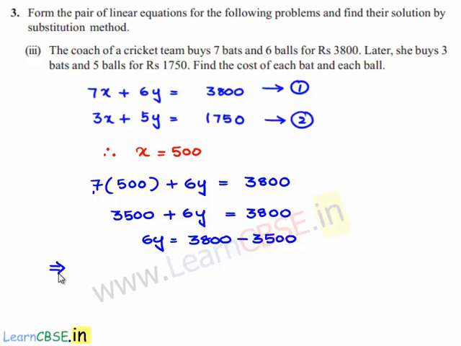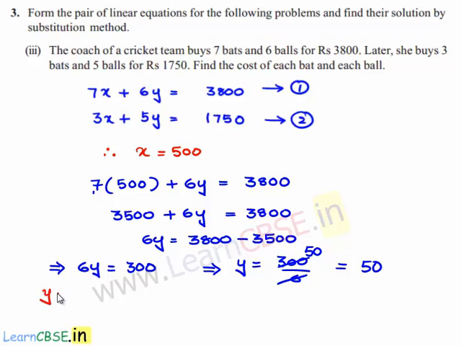This gives 6y is equal to 300. So y is equal to 300 divided by 6. 6 goes in 300 as 50. So y is equal to 50.